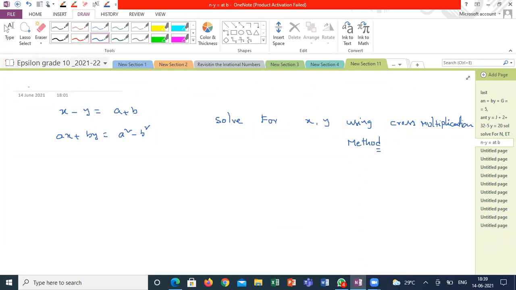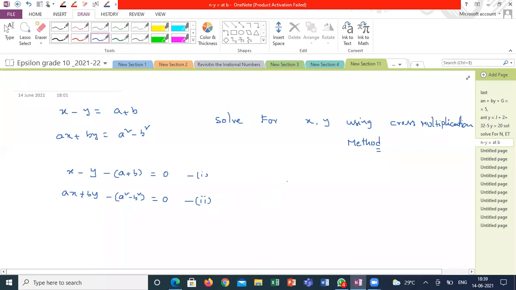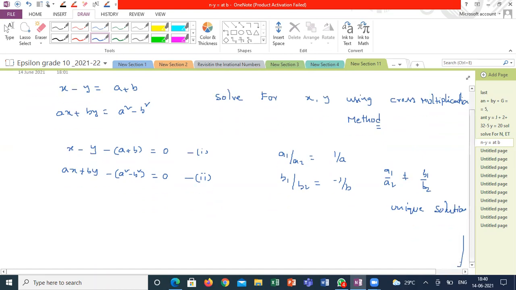So the standard form of the first equation is x minus y plus a plus b is equal to 0, and ax plus by minus of a square minus b square is equal to 0 is my second equation. a1 by a2 is equal to 1 by a, b1 by b2 is equal to minus 1 by b. a1 by a2 is not equal to b1 by b2, so unique solution. So till here everyone got it? Am I right? Correct, sir.